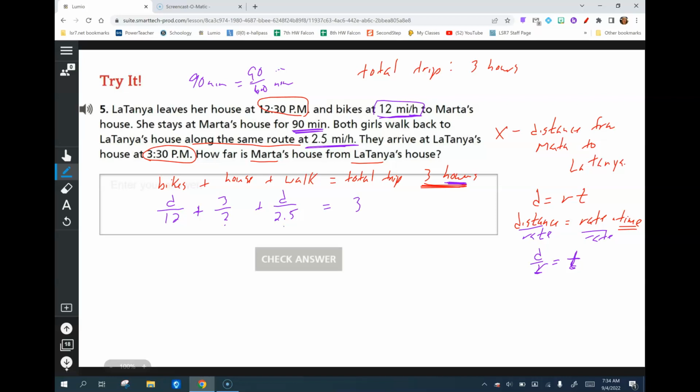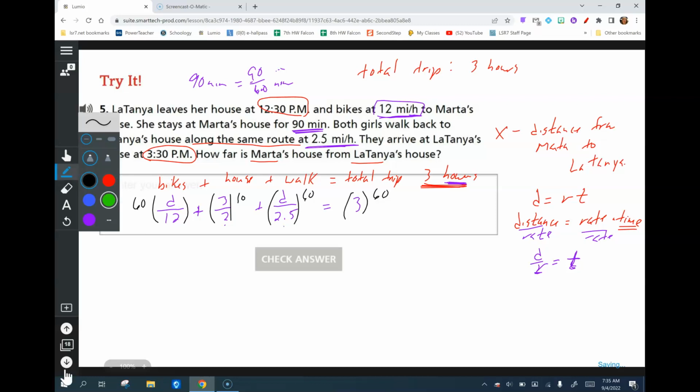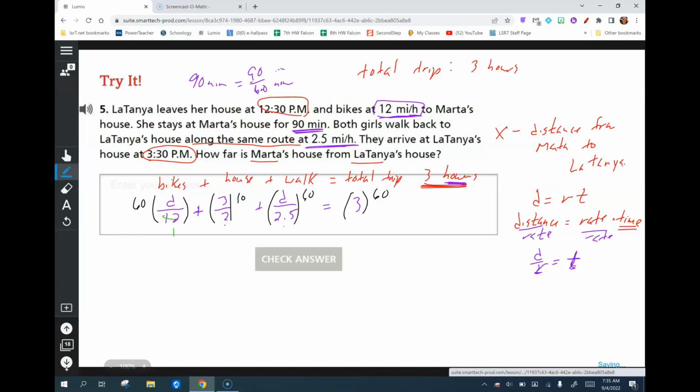I'm just going to multiply them all together, and I'm going to use a common denominator of 60 and multiply all of them by 60. Don't forget to multiply over here also. Okay, so when we multiply here, we're going to see that 12 goes into 60 5 times.